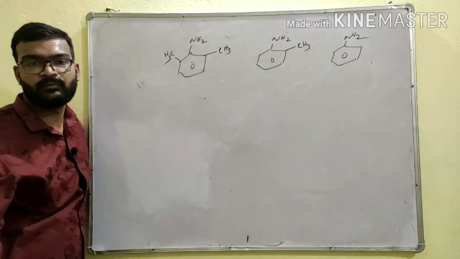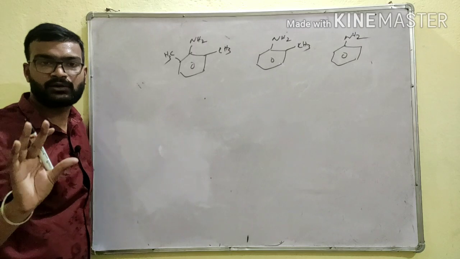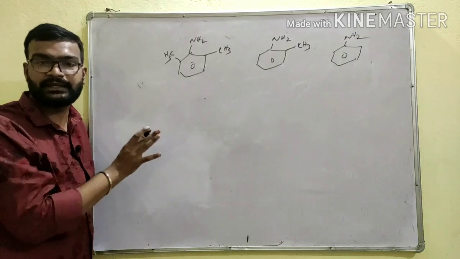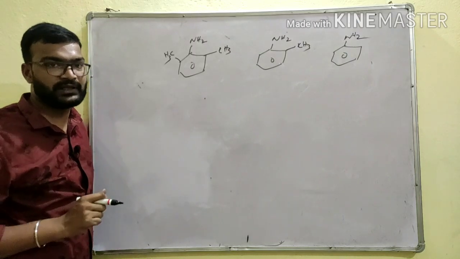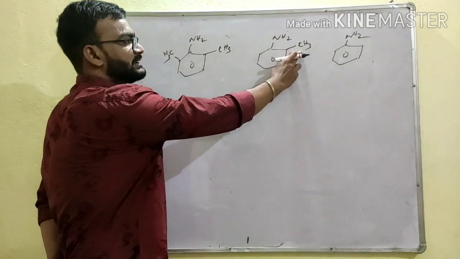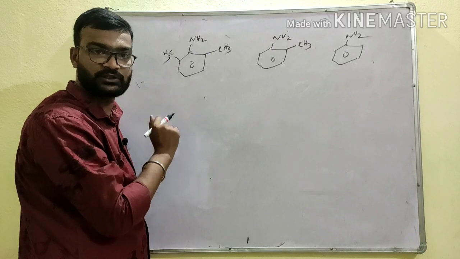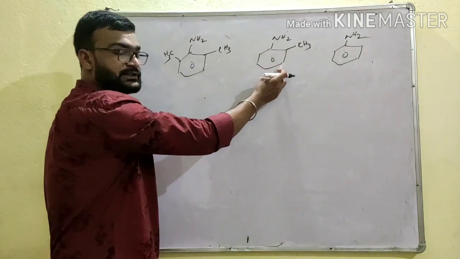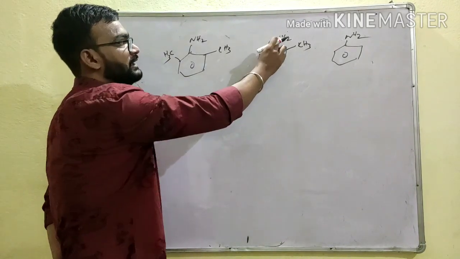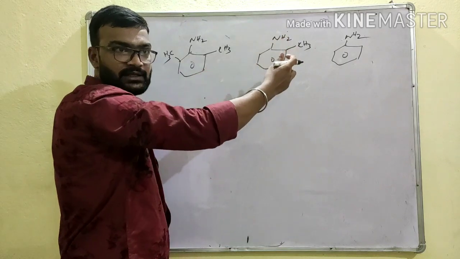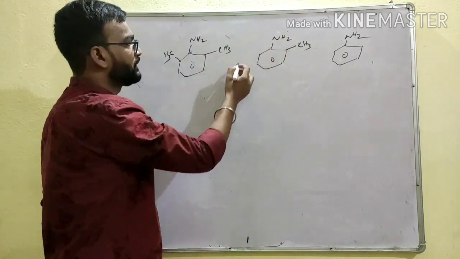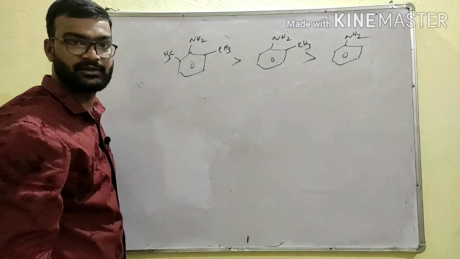So what is the order of basicity? If you are not aware of this steric inhibition of protonation, what could be your answer? Because this CH3 group donates electrons, since it has a plus I and plus H effect, the electron density on the nitrogen will increase, so it will be more basic. So you could mark it like this.